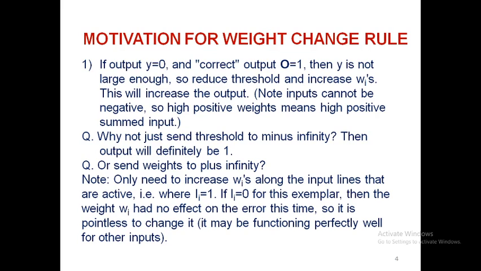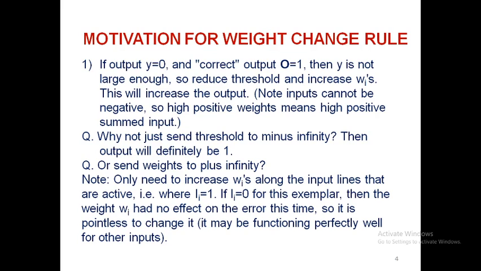That is where xi is equal to 1, that is, input xi is equal to 1. If xi is equal to 0 for this example, then the weight wi had no effect on the error this time, because whatever the weights are multiplying with the corresponding inputs will be equal to 0 only. So it is pointless to change it. For other inputs, the corresponding associated weights we can change to get the required output.